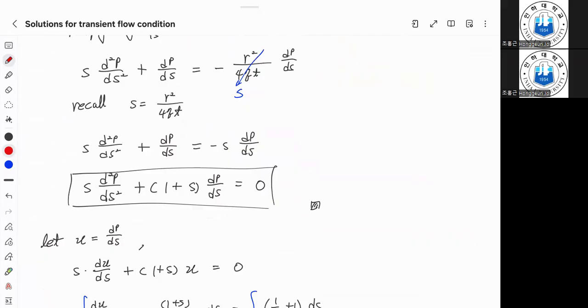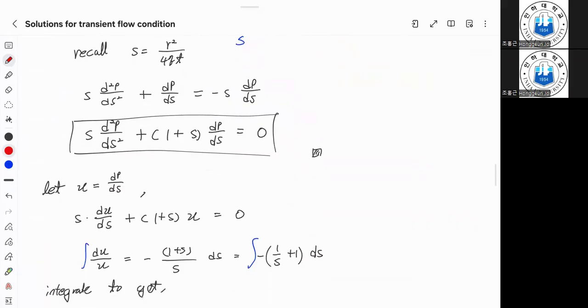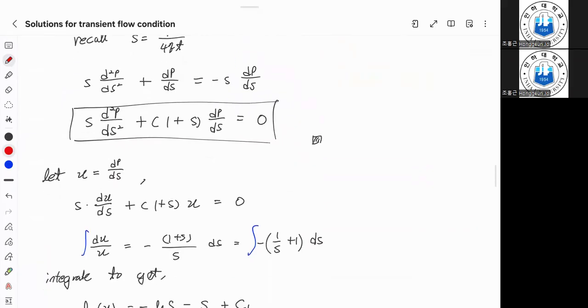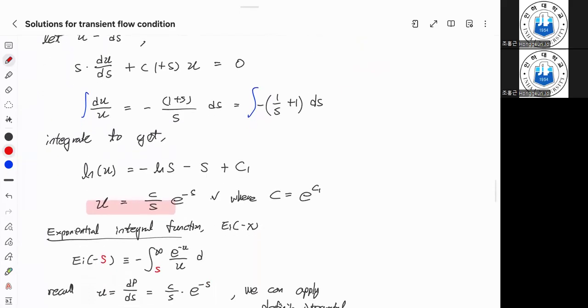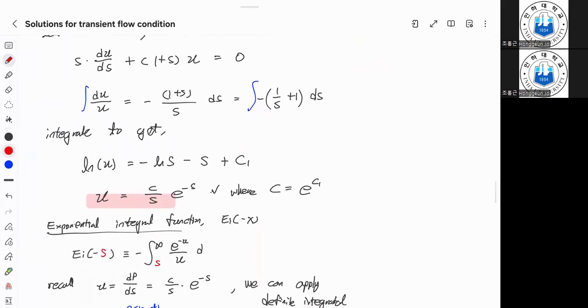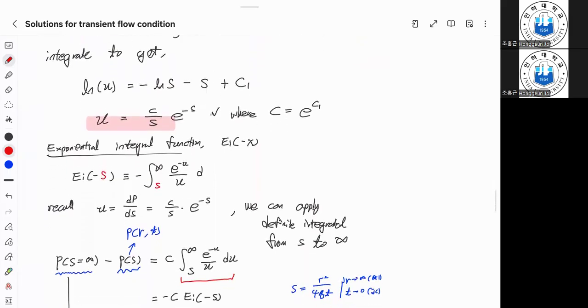So let's do this. This is a second order ODE, so we have to solve it step by step. First, we take the variable separation and apply the indefinite integral, where we end up with this constant.